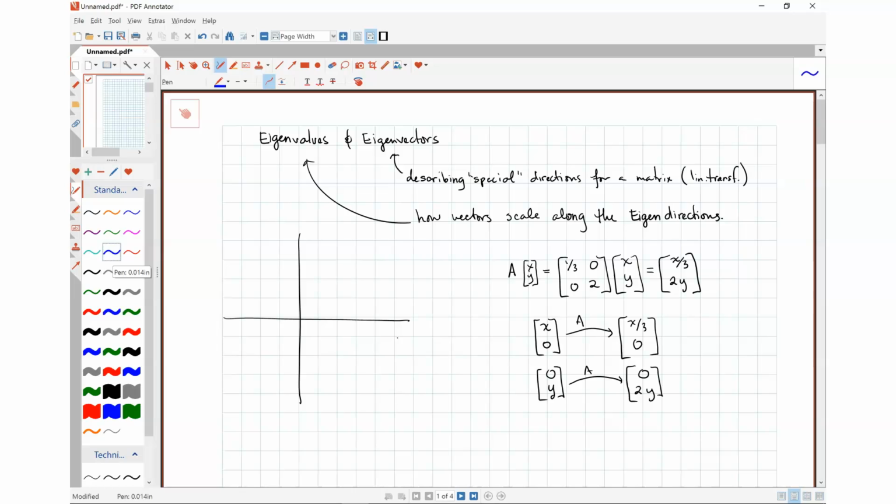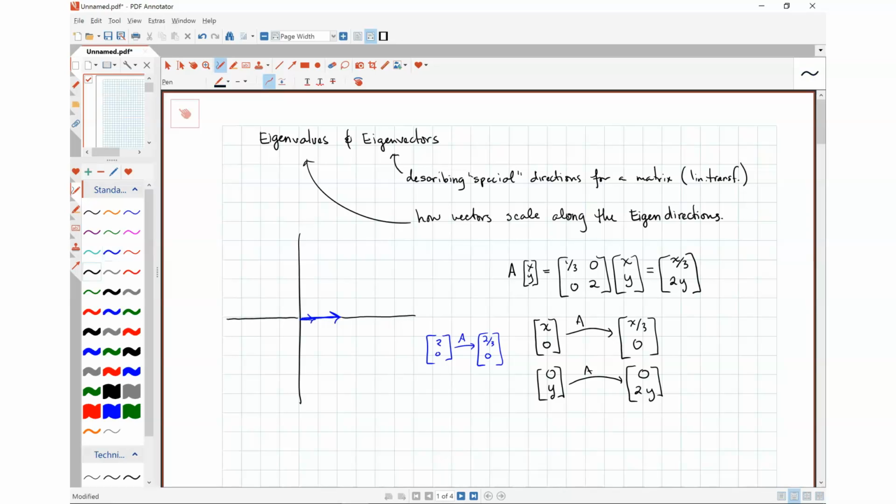So if I start, say, with a vector like 2, 0, so 2, 0 looks like that, and then I multiply it by A, the result is going to be 2/3, 0. So that'll be another vector, but it's only going to be 1/3 as long. It's still pointed in the same direction, but only 1/3 as long.